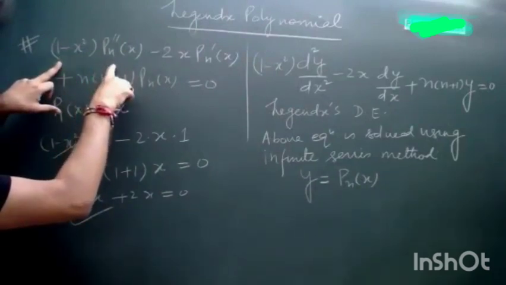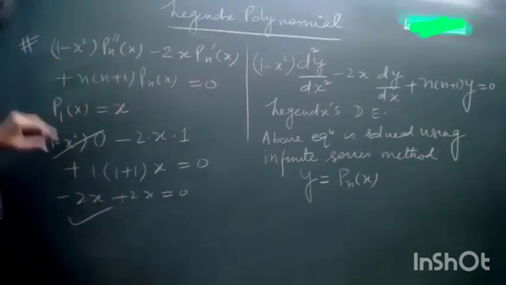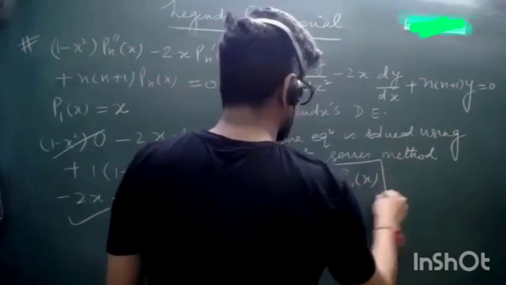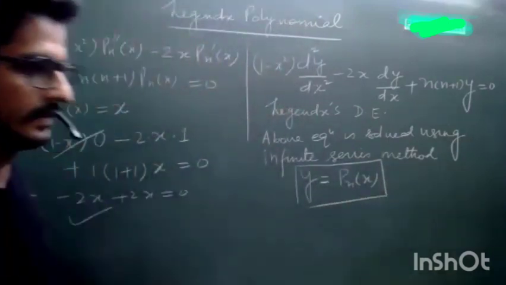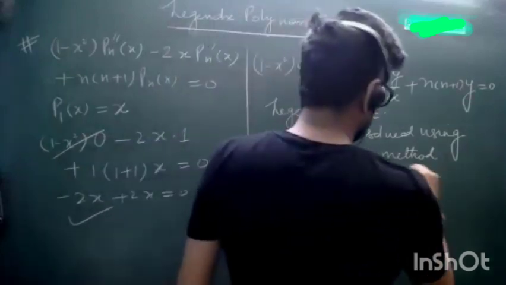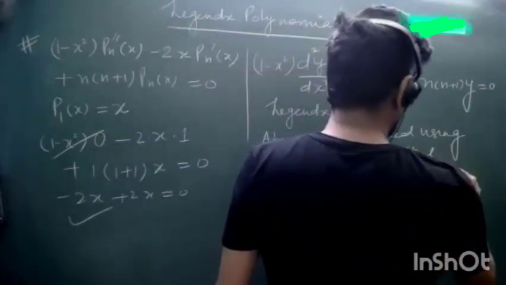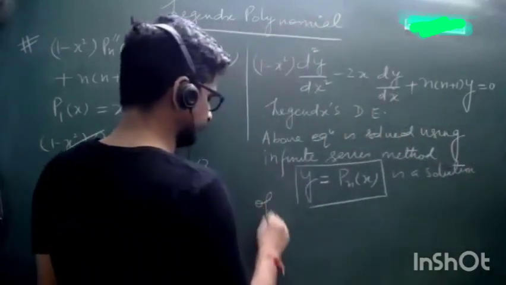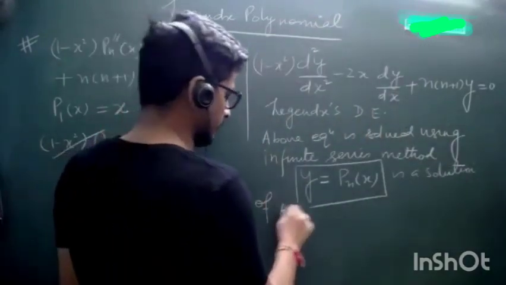What is written in the place of solution? So this y is equal to Pn of x is a solution of our equation.